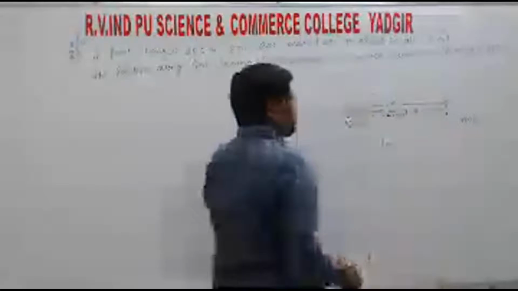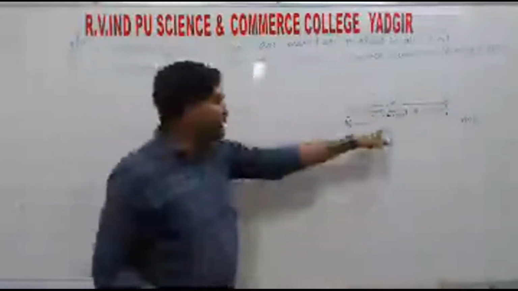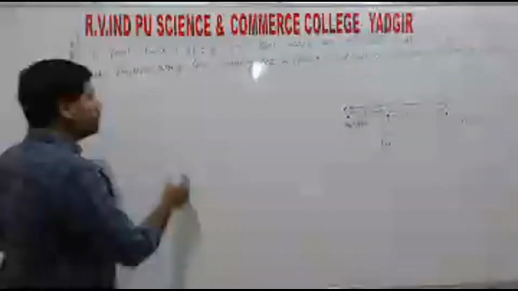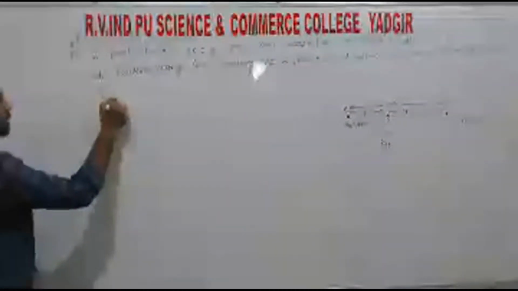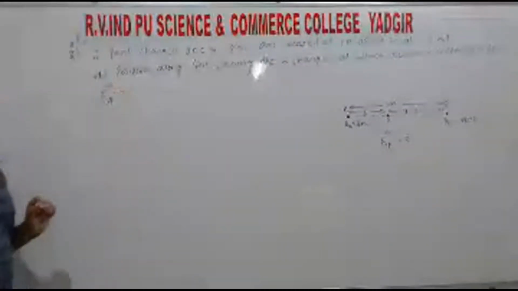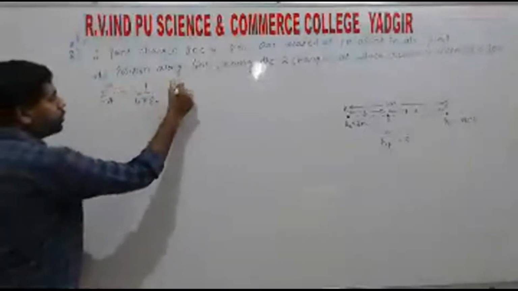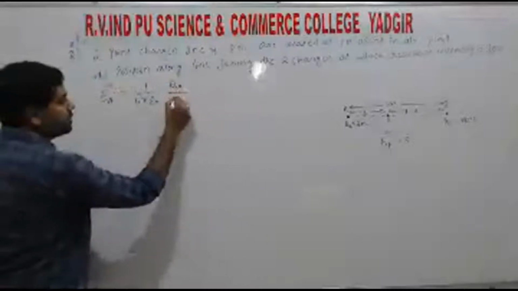Now, first we need to find the electric field intensity at point P due to charge QA. So EA equals 1 divided by 4 pi epsilon naught times QA divided by the distance x square.